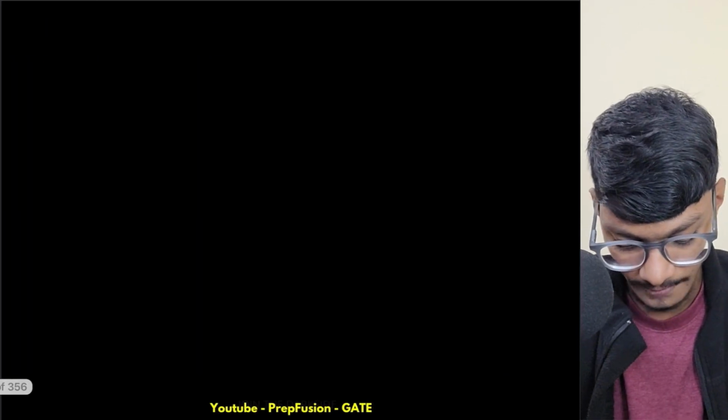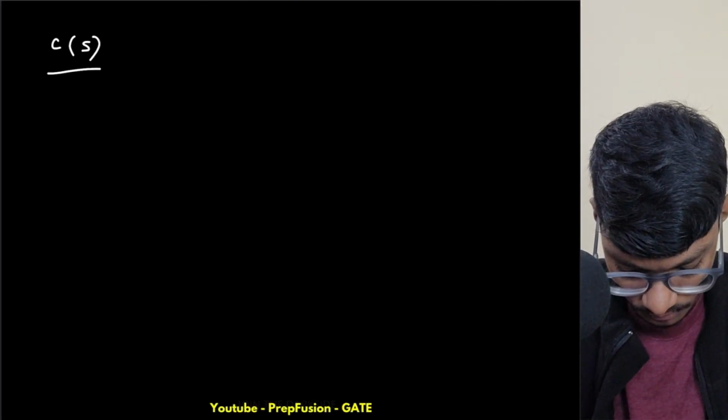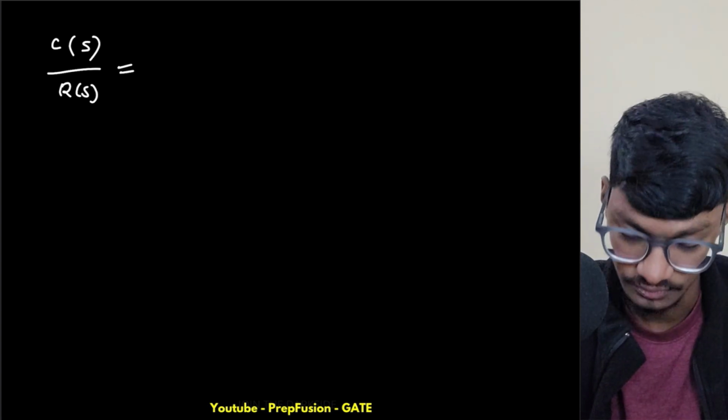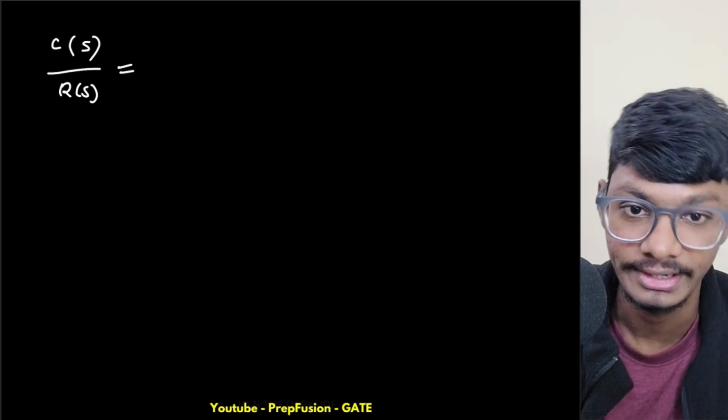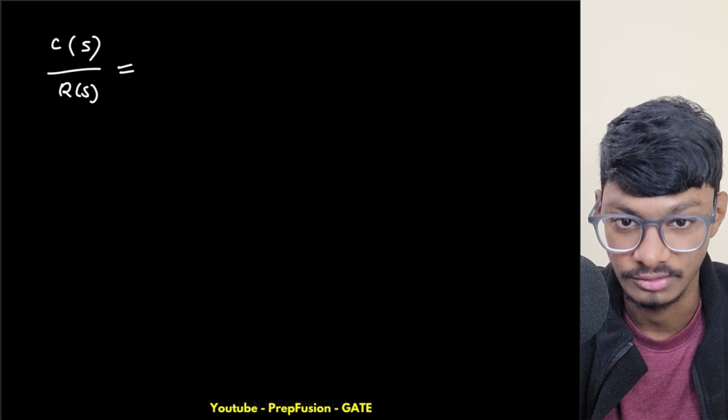So what you will do is first find the transfer function. So what will be the transfer function? C of s upon R of s. Always, when you can find the transfer function, use the Routh-Hurwitz criterion. It will always be easier for you.